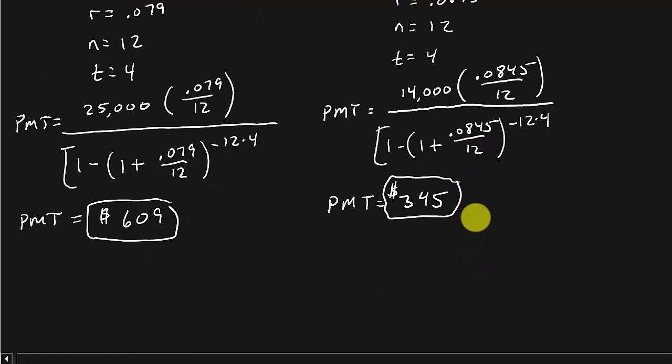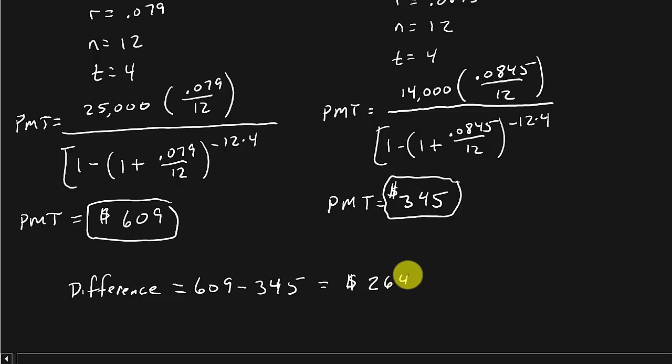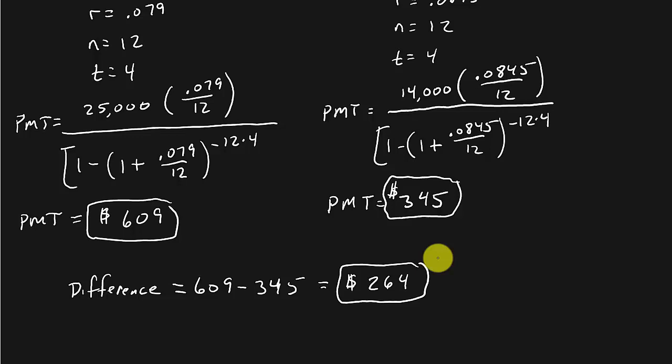The difference is equal to the 609 minus the 345, and that is $264. That's the difference in the payments. So you can see there's quite a bit of difference.